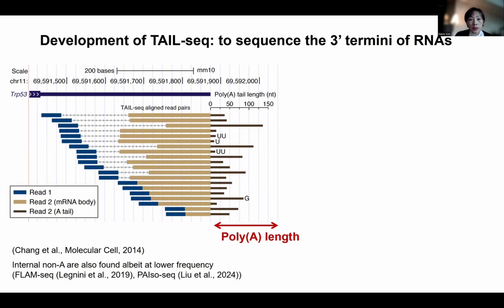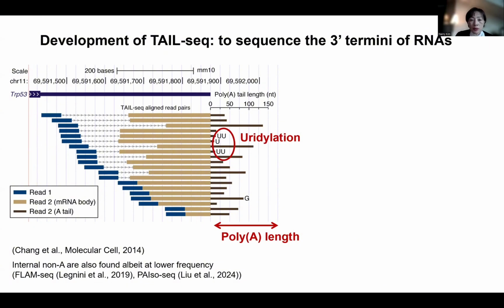From this study, we were intrigued to find uridylation on most genes, and this uridylation is found mostly on the very short poly-A tail, and we later found that uridylation facilitates the decay of this deadenylated mRNA.